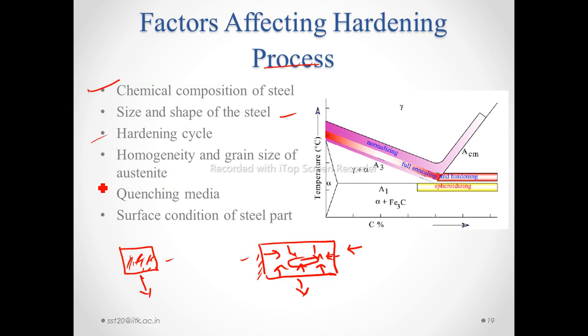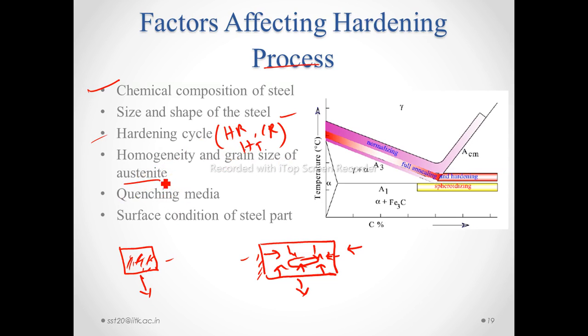Next, the hardening cycle. Hardening cycle means heating rate, cooling rate, as explained here, and holding time. Everything will affect the final microstructure. Then the homogeneity and the grain size of the austenite.